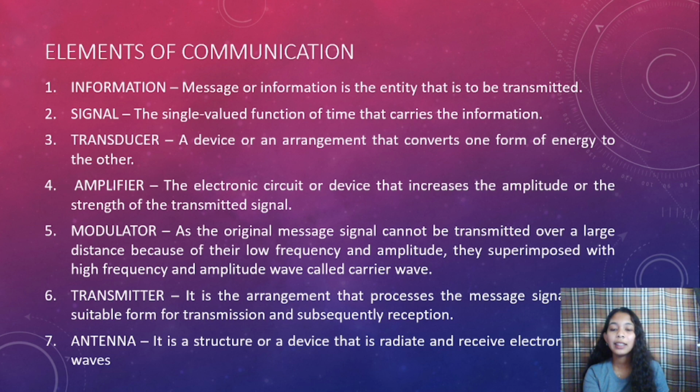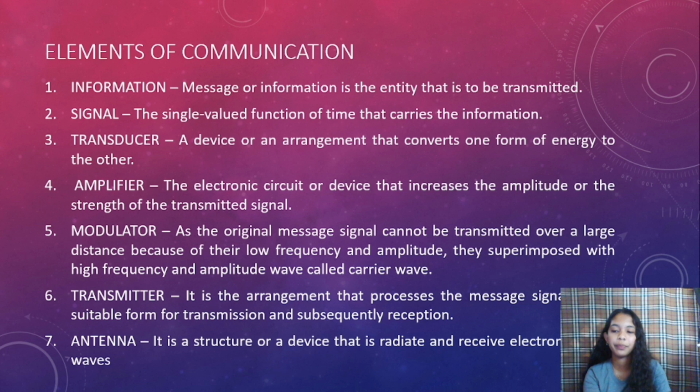The electronic circuit or device that increases the amplitude or the strength of the transmitted signal. When the signal strength becomes less than the required value, amplification can be done anywhere between the transmitter and the receiver. A DC power source will provide for an amplification.